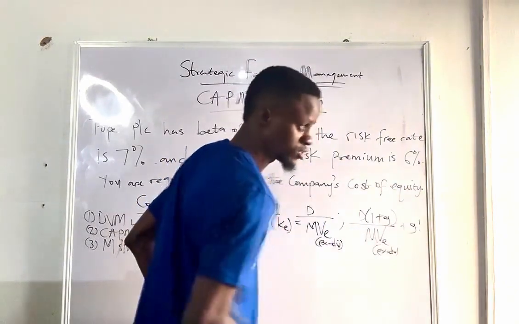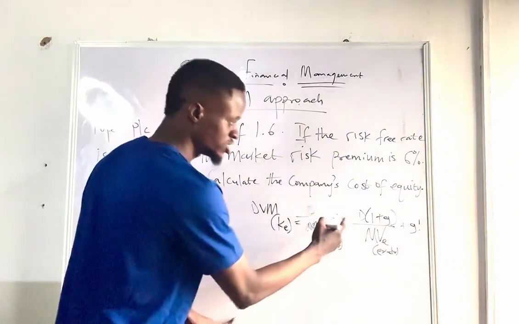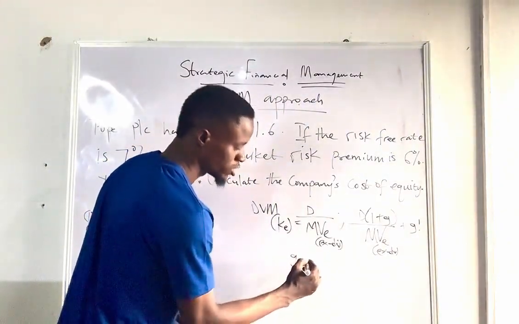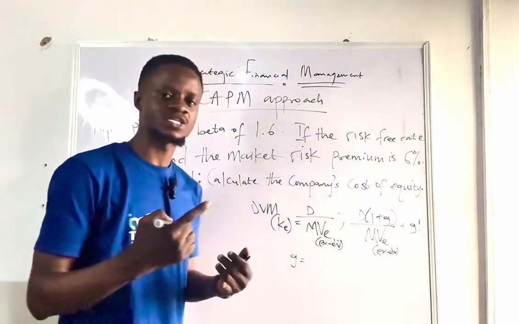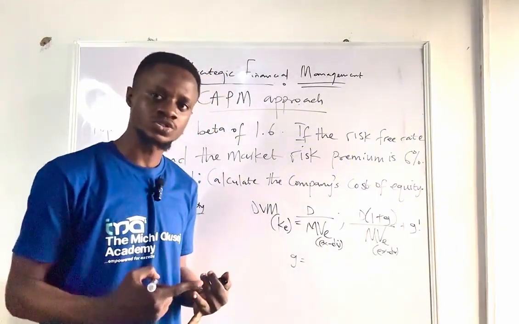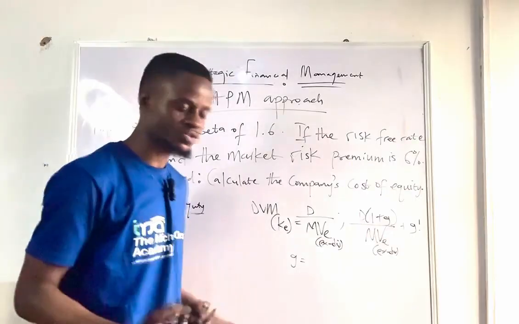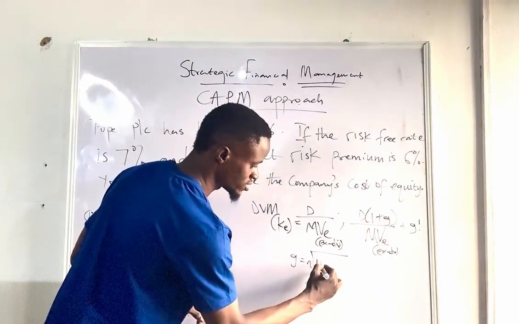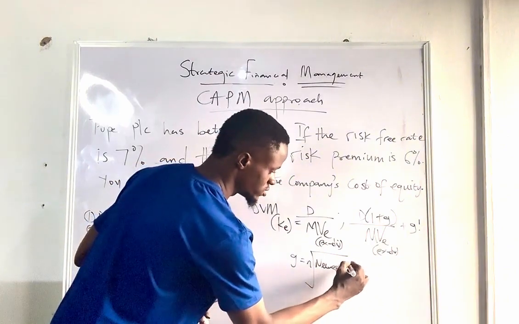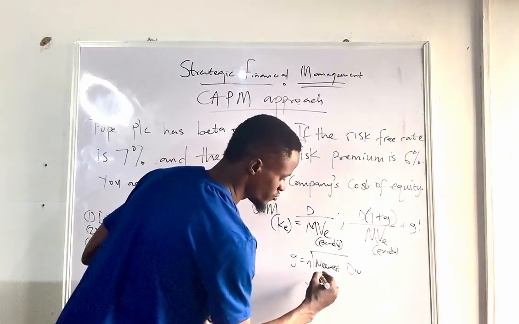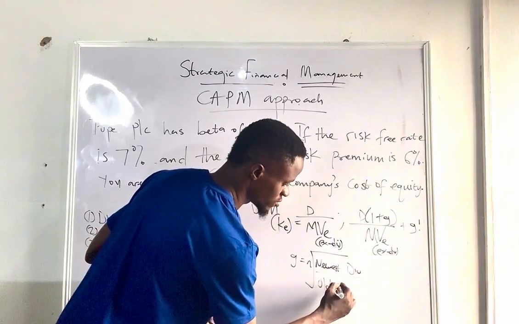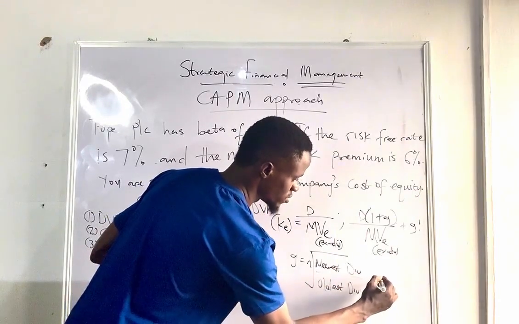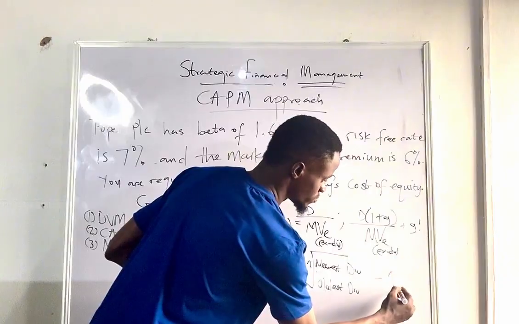Plus g. And I also mentioned that the g, the growth, can be determined in two ways: either the historical method or Gordon's growth model. Using the historical method, growth is the nth root of the newest dividend over the oldest dividend, minus 1.